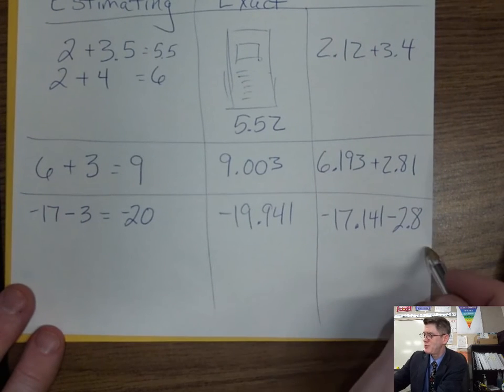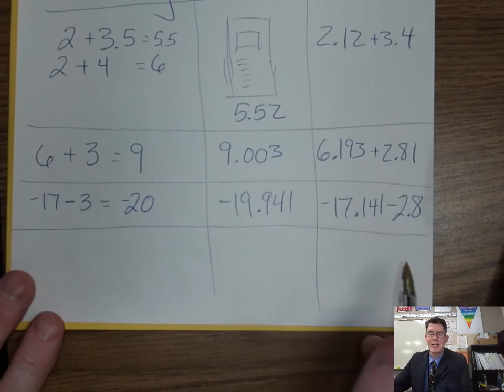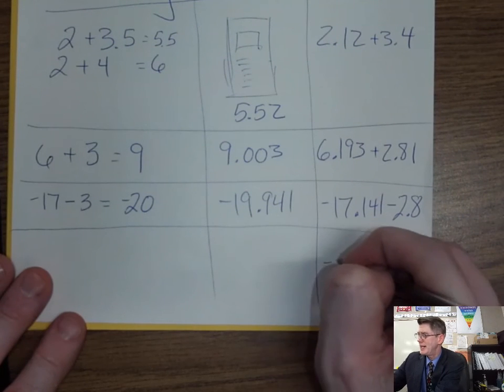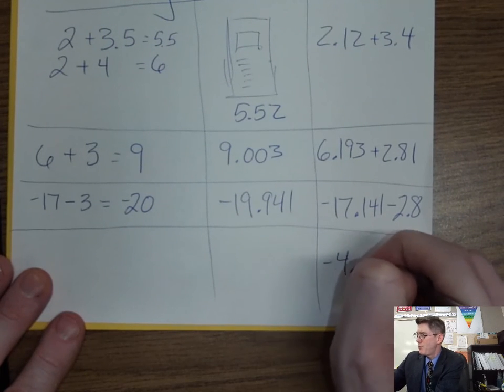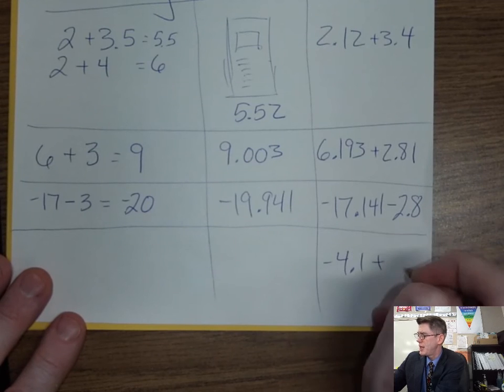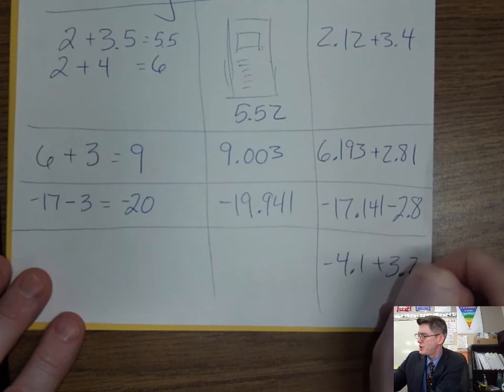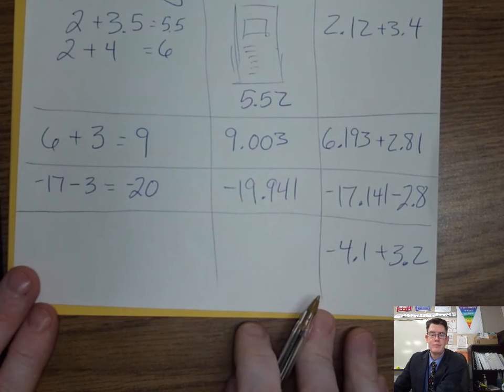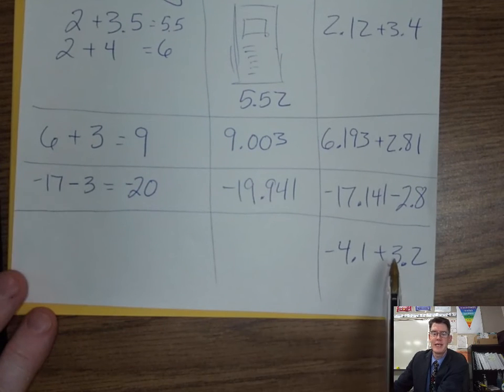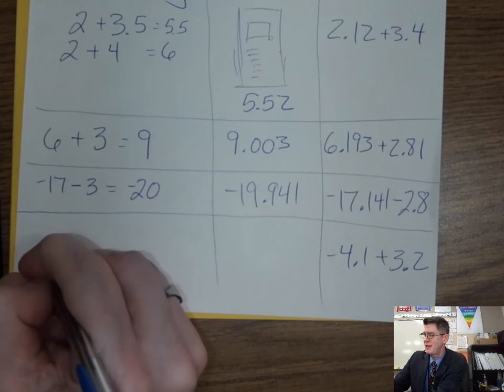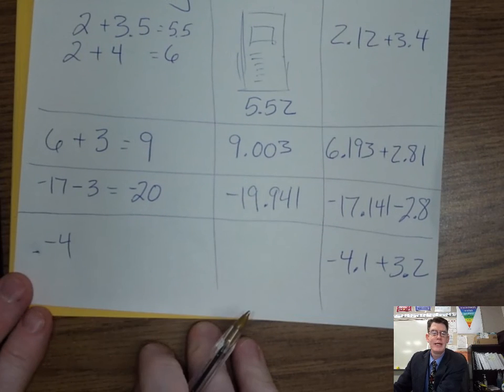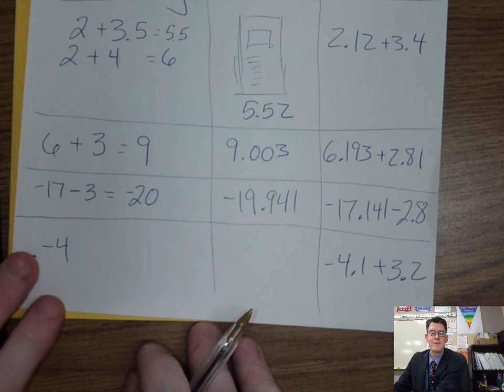I'm trying to figure out how to do one where it's not going to be close. Negative 4.1 plus 3.2. Okay, so finding a number close to that, I like negative 4. I like using integers to decide which one to do.